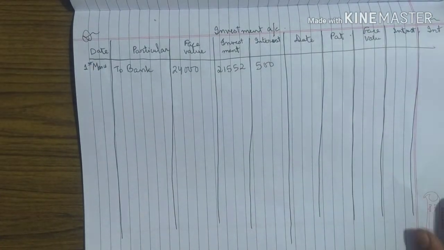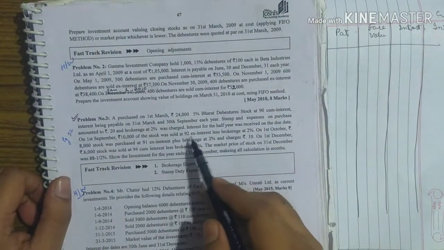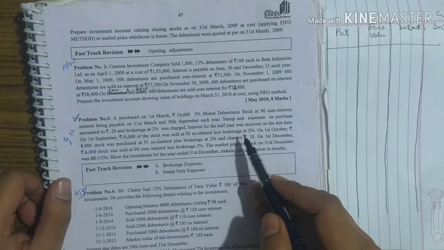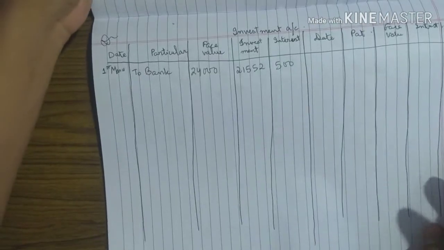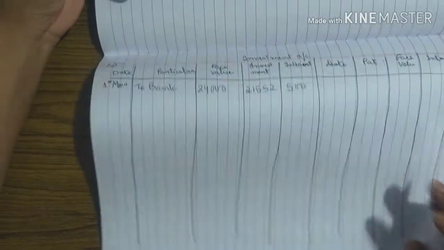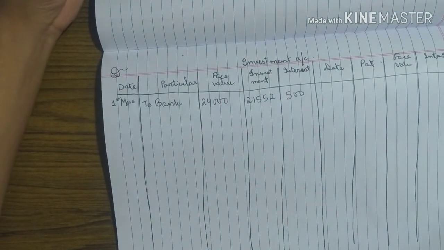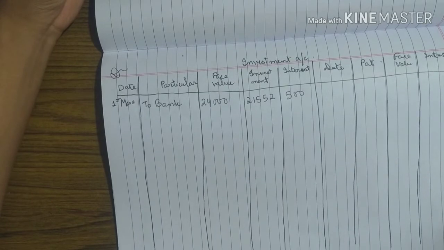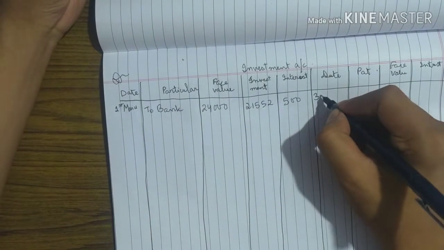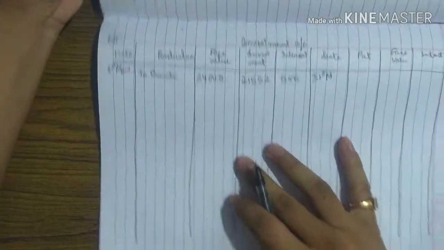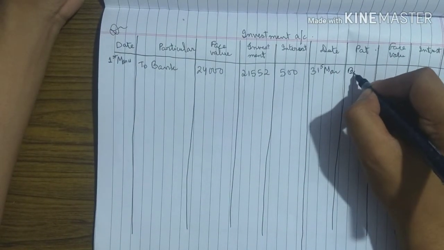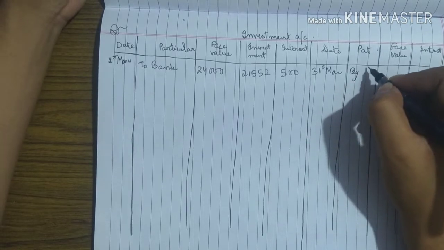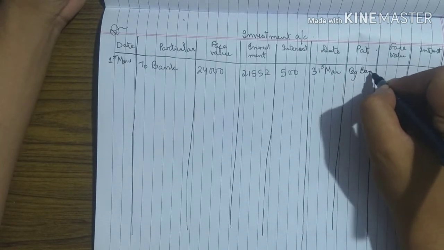Then next we move to the question that interest for the half year was received on the due date, which means on 31st March, by bank.